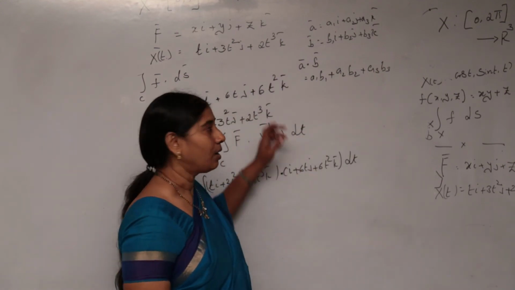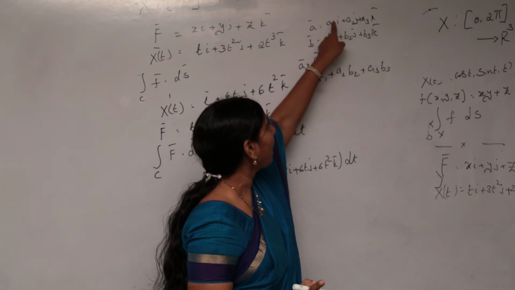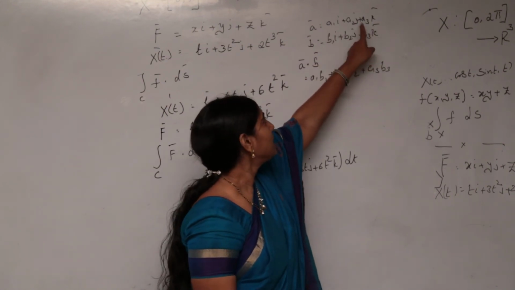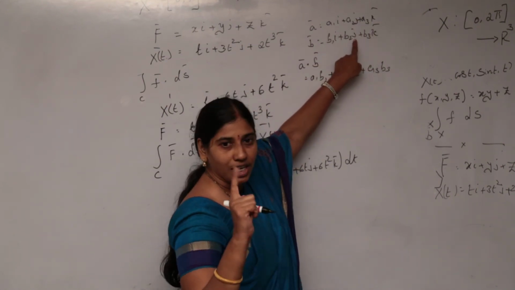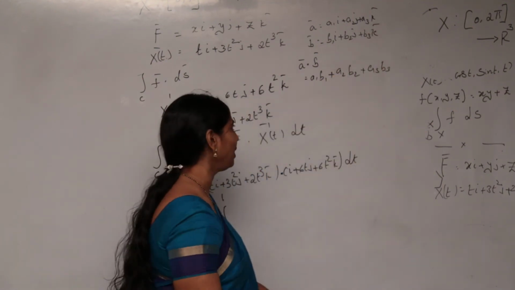Why? Because remember, i dot i is 1, i dot j, i dot k are zeros. Similarly, j dot j is 1, k dot k is 1, the rest all are zeros.